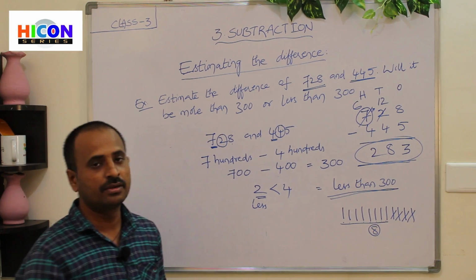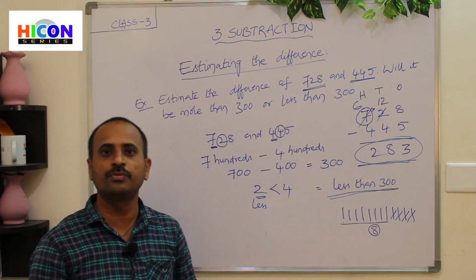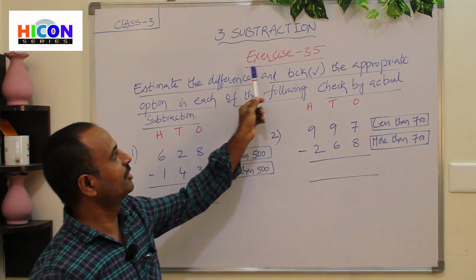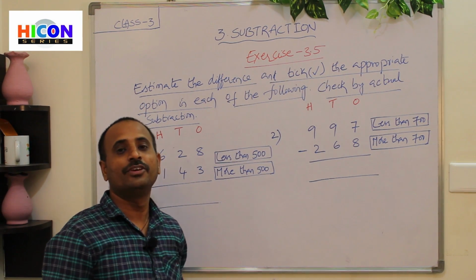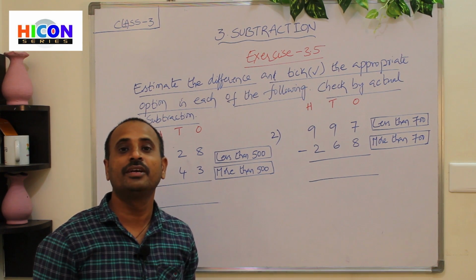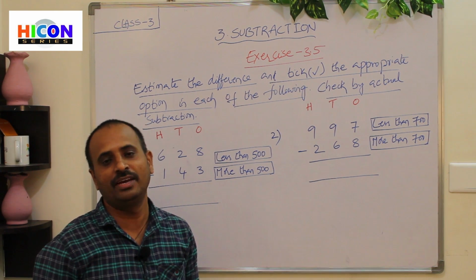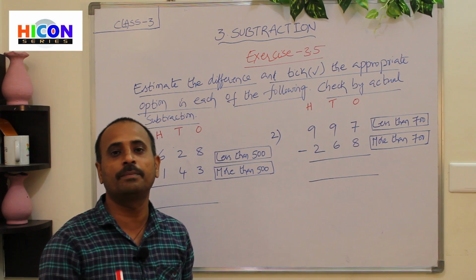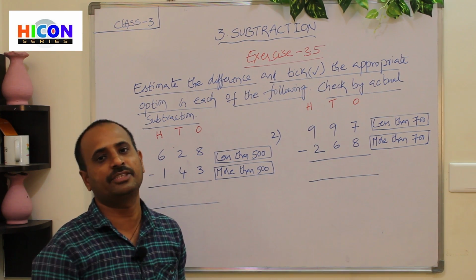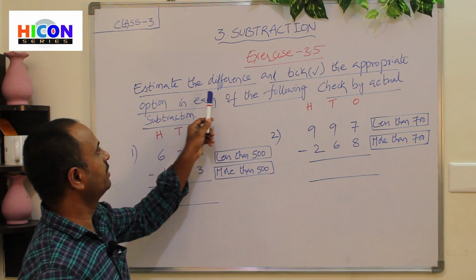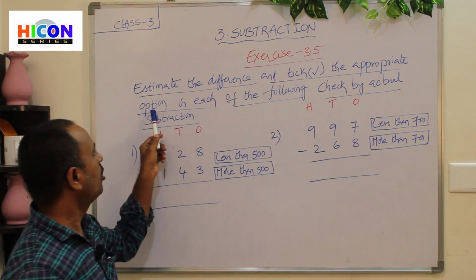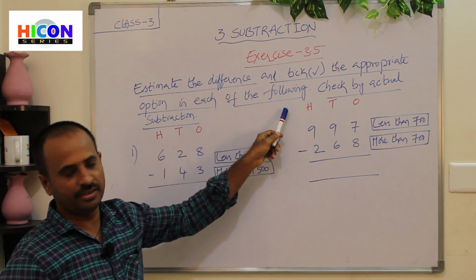So let us check some problems in exercise 3.5. In this exercise, we can practice some problems on estimating the difference. Already we have discussed how to estimate the difference between 2 numbers without doing actual subtraction. Estimate the difference and tick the appropriate option in each of the following.